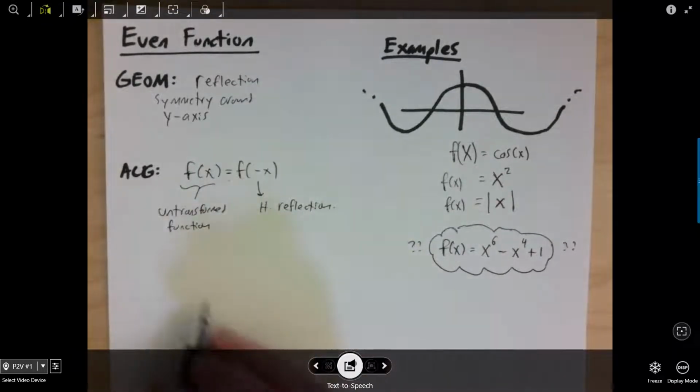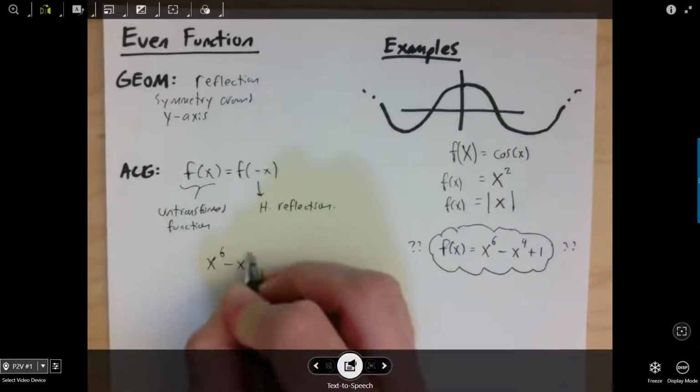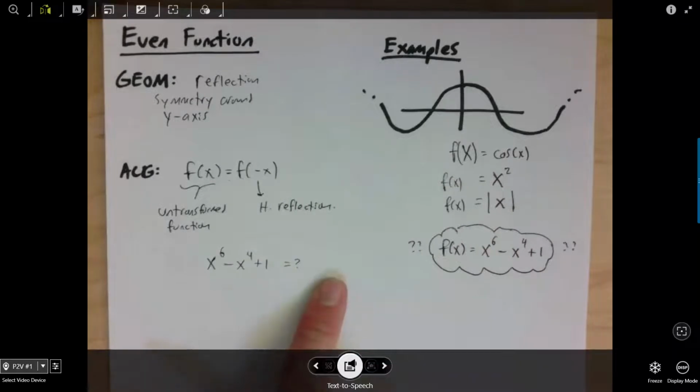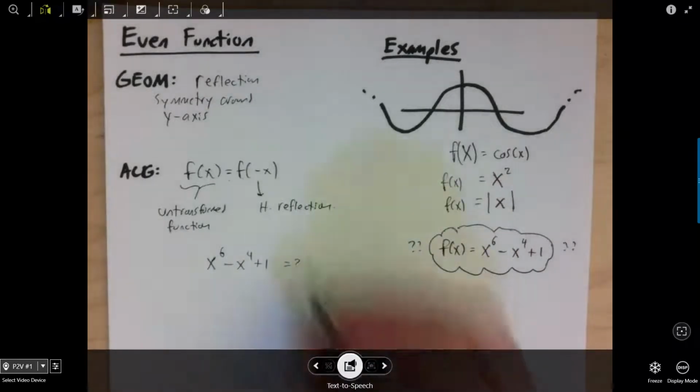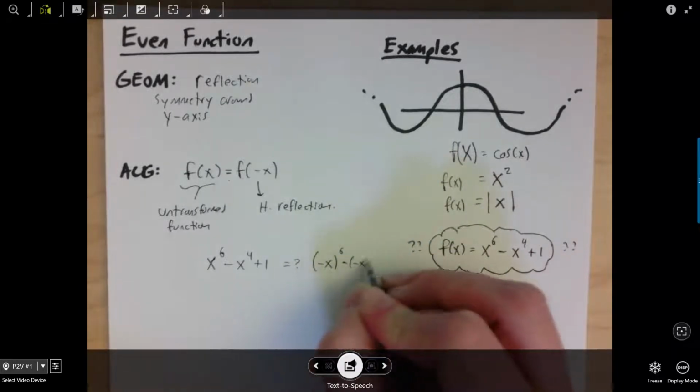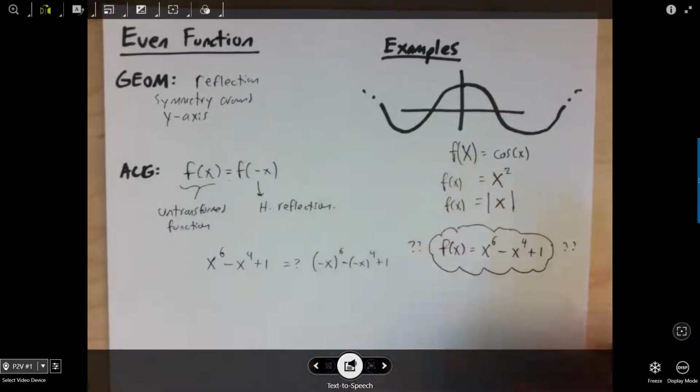If I plug in f of x on the left, I've got x to the 6th minus x to the 4th plus 1. And the question is, is that the same as if I substitute in negative x? So in that case, I'd have negative x to the 6th minus negative x to the 4th plus 1.